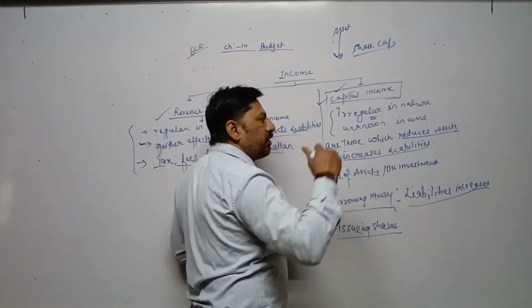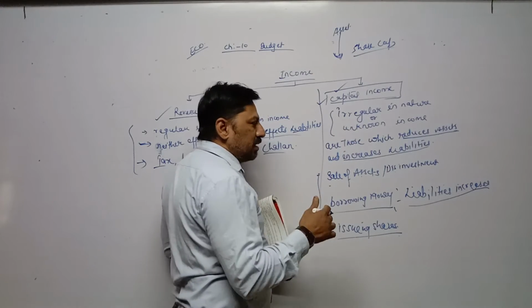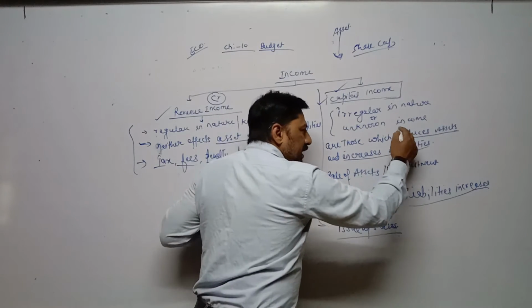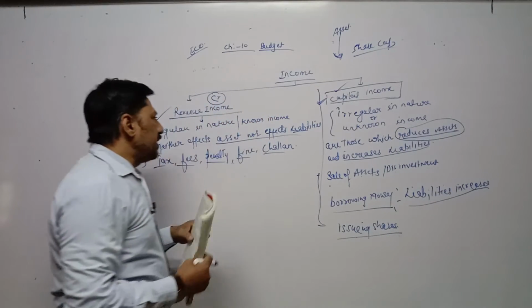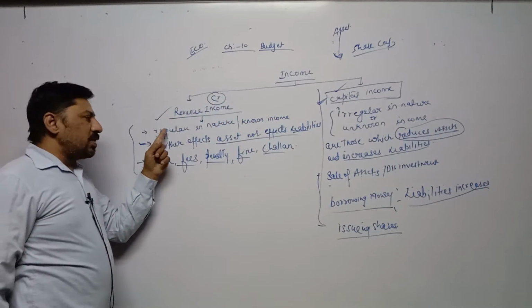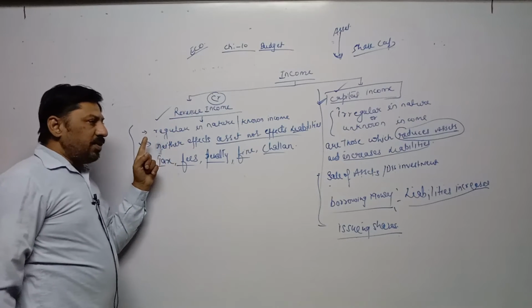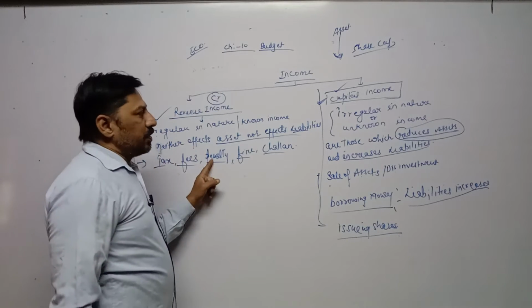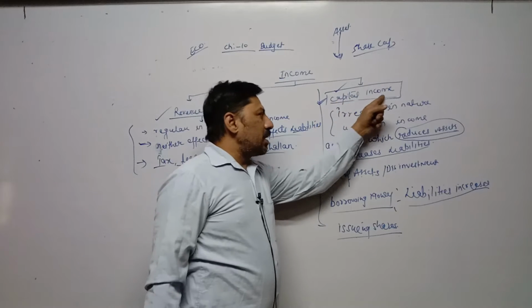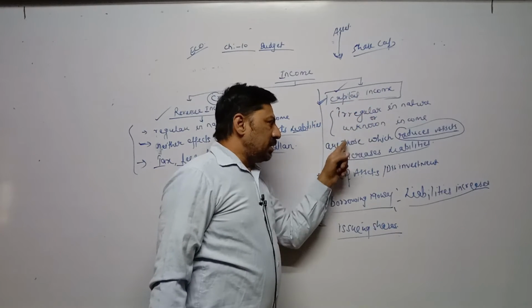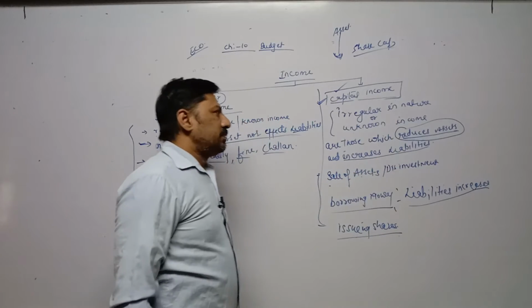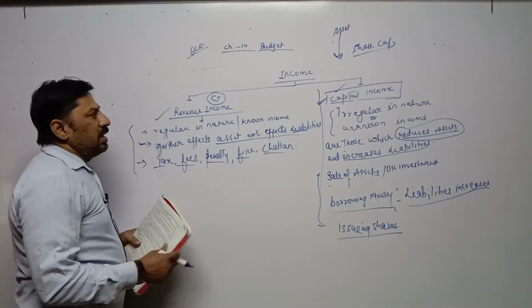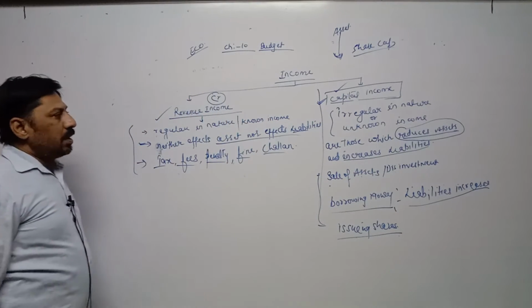And by selling our property or vehicle, our assets reduce. That's why it is called capital income. In the same way, revenue income is regular in nature and does not affect assets or liabilities, while capital income is irregular in nature and reduces assets or increases liabilities. Both incomes are shown on the credit side of the government budget.